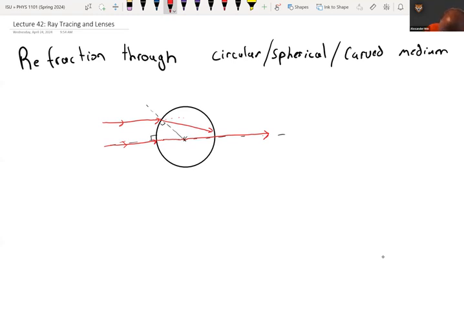Now we do one below it, and you can imagine that basically the exact same thing is going to happen, except this one gets pushed up. Again, we have the dotted line and it's going to go something in between those two. What you can see is these are all converging on a single point, and that point looks to be right about on the other side of the circle in this case.